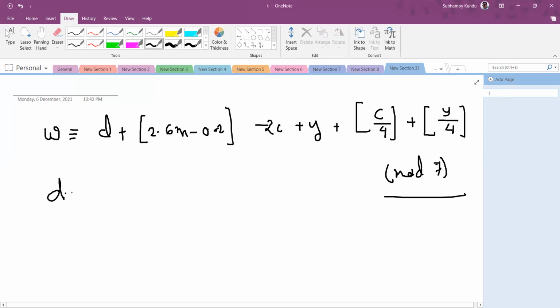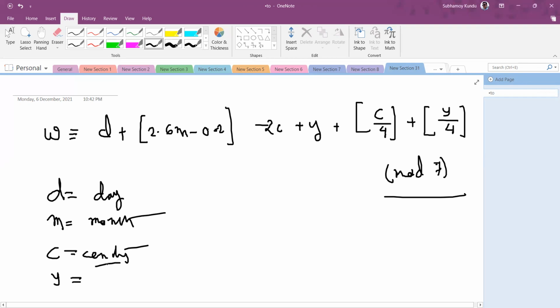Here d means the day of the date we're looking for, m is the month, c is the century, not like the 21st century; in the case of 2020 it will be 20, and y is the year, which ranges from 0 to 99.